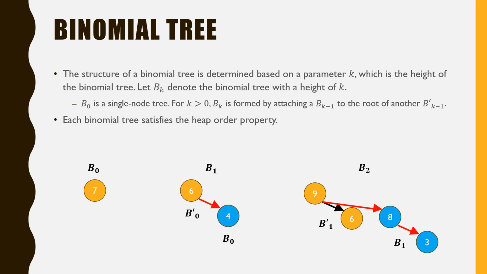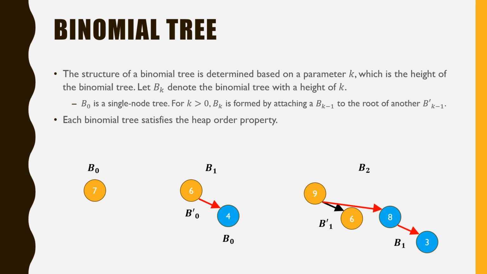Similarly, the right B2 tree is formed by attaching the blue tree B1 to the root of the orange tree B'1. Note that, according to this construction rule, a binomial tree node can contain more than two children. Therefore, a binomial tree is not necessarily a binary tree.